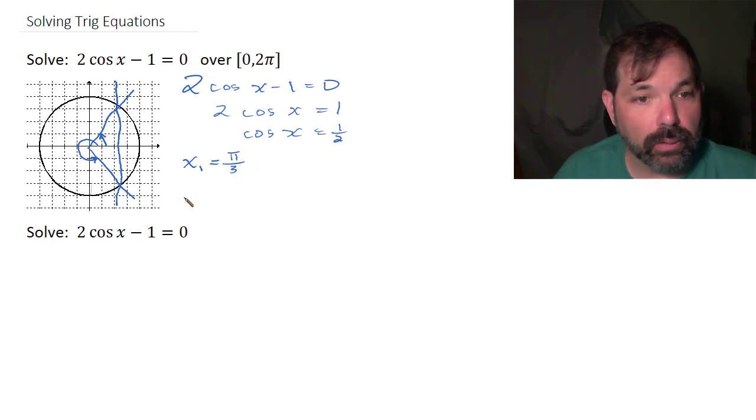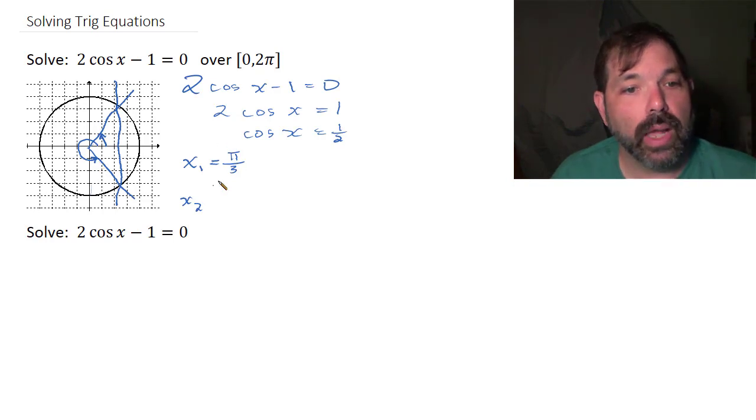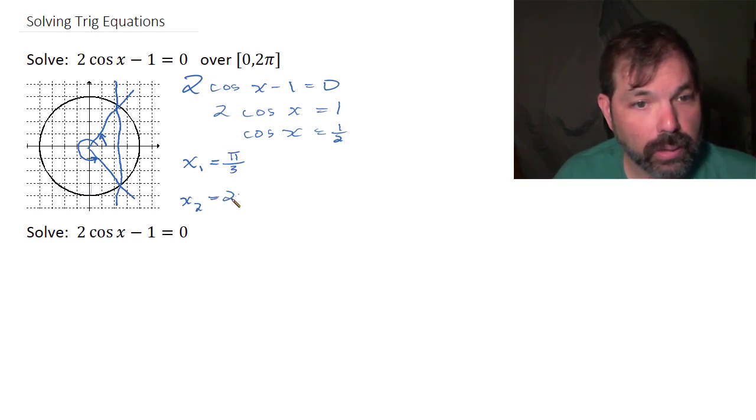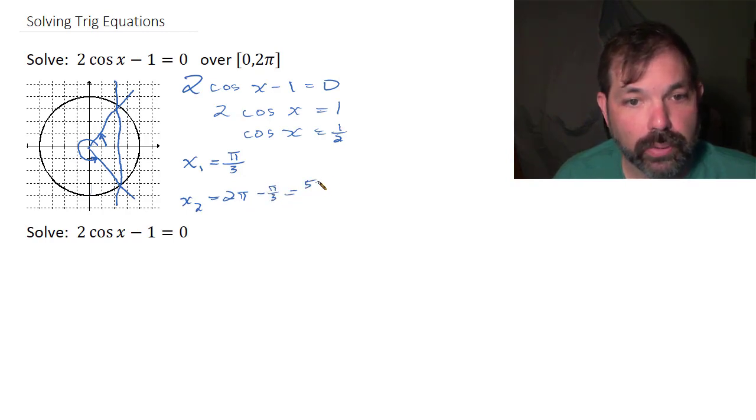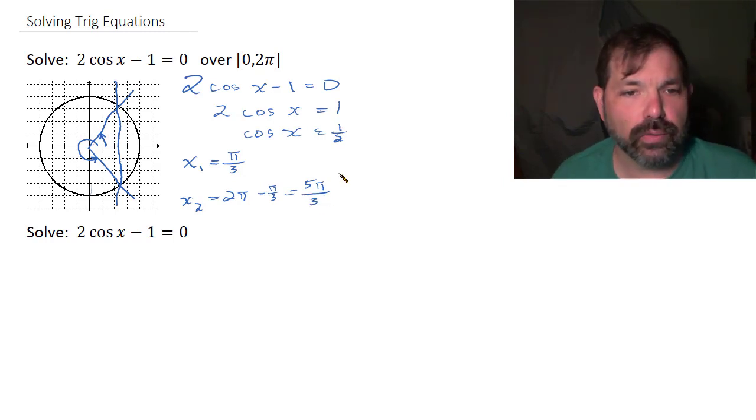And then our second angle, x2, to get all the way around to the second angle, we would have 2 pi and subtract the pi over 3. And so then that's 5 pi over 3. We've seen exercises like this for a while.